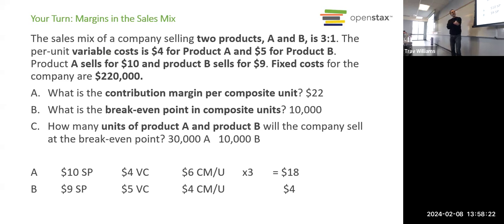So with nice simple numbers here, you times 3, 3 times the 10, and then 1 times the 10? Exactly. The ratio is 3 to 1. So 3 units of product A times 10,000 composite units, 1 unit of product B times 10,000 composite units. So whenever they're asking you that question, you're not going to split it between, you have to times it by.